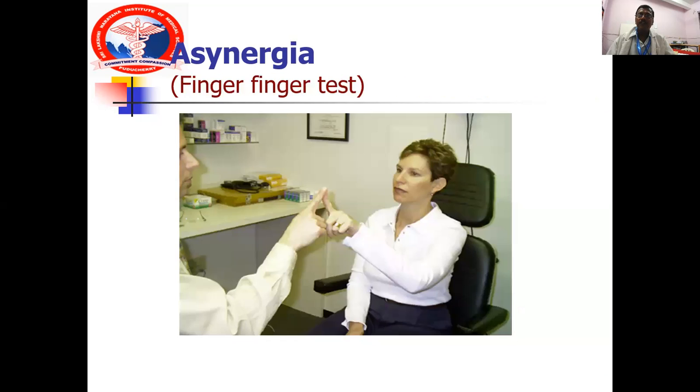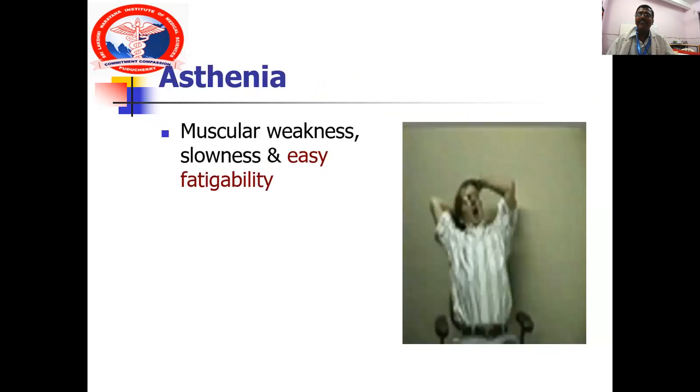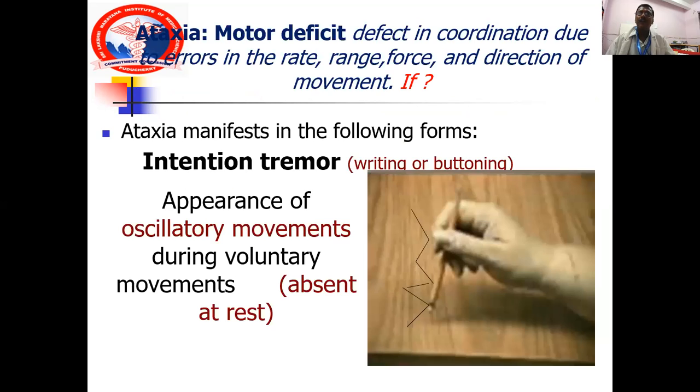And this is finger to finger without overshoot. If the two fingers touch properly, the cerebellar function is normal. And for asynergia, the heel shin test: rubbing one leg with the other. And asthenia: muscular weakness, slowness, and easy fatigability.